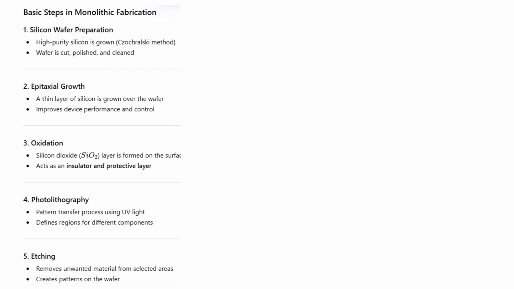Here you can check all the steps. Silicon wafer preparation provides the mechanical support and maintains cleanliness. Then the epitaxial layer grows 100% pure silicon, or whatever you require, right? Then oxidation develops the SiO2, which insulates and protects the layer.